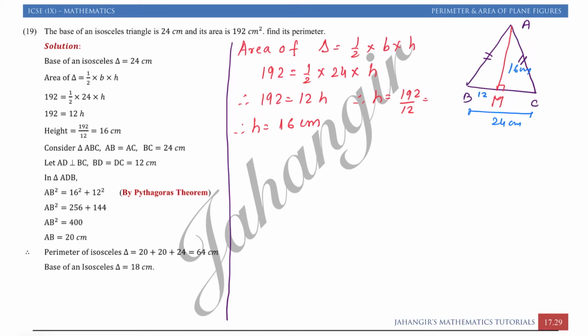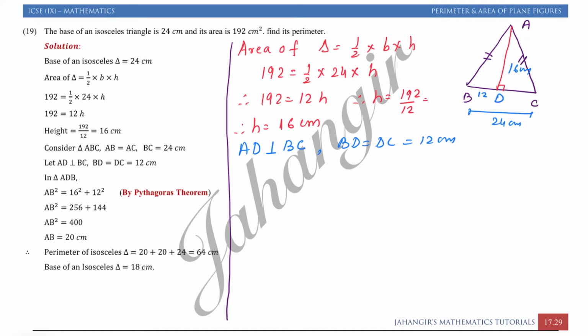So we can say AM is perpendicular. Actually I had taken D, so I will take D over here. AD is perpendicular to BC. So therefore BD is equal to DC is equal to 12 centimeter.